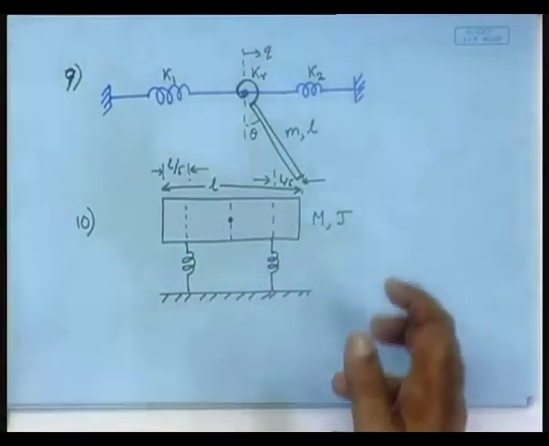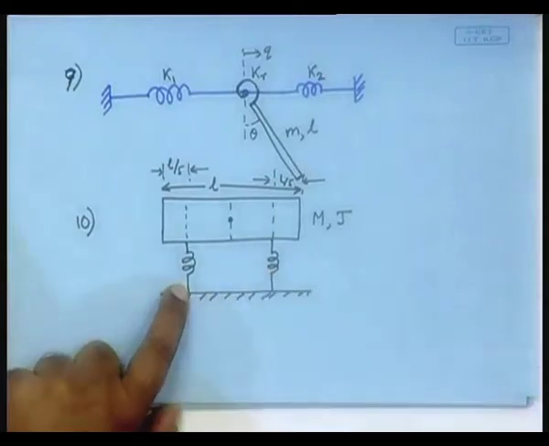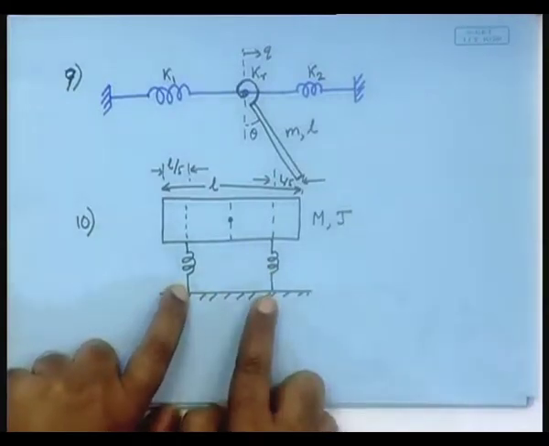It is not just this. If there is a tilt here, this particular spring is compressed and this particular spring is elongated. So, that will have to be taken into account in order to measure the potential energy in the springs.